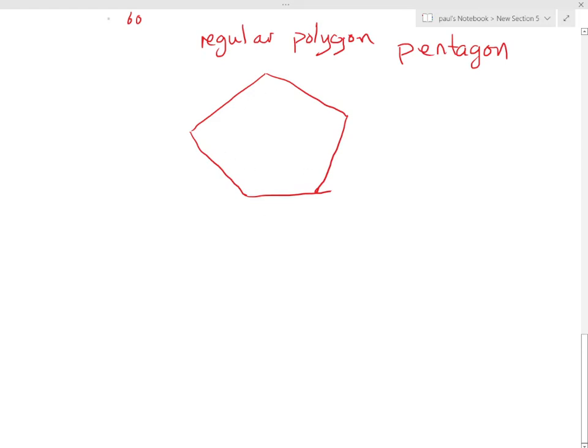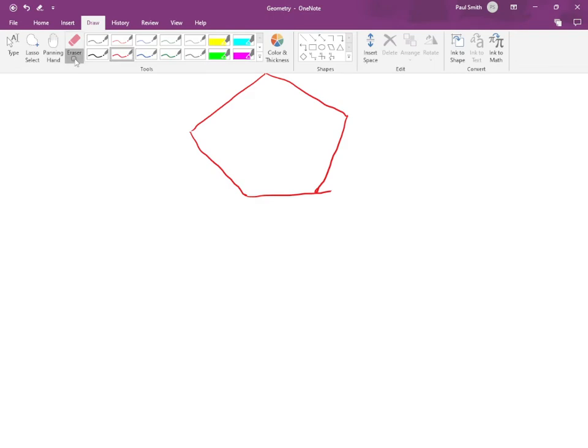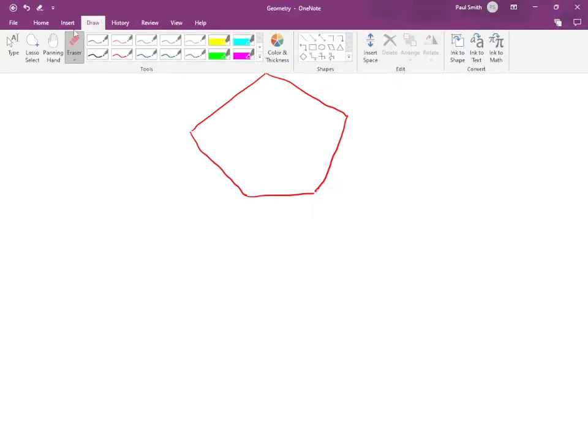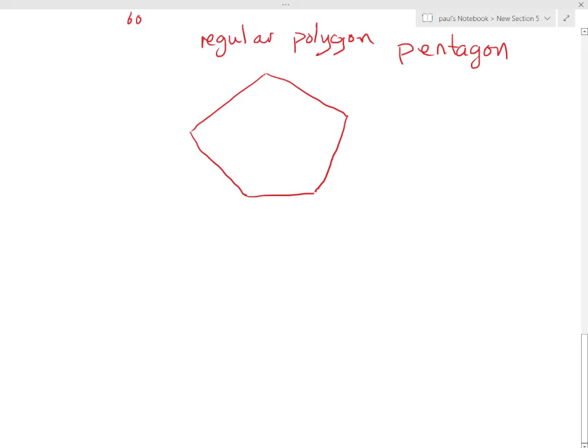Now, there's several ways of doing this. Let's just get rid of that little bit first. Right, so what we do, first way, is we extend this: 1, 2, 3, 4, 5. So we get 5 external angles.